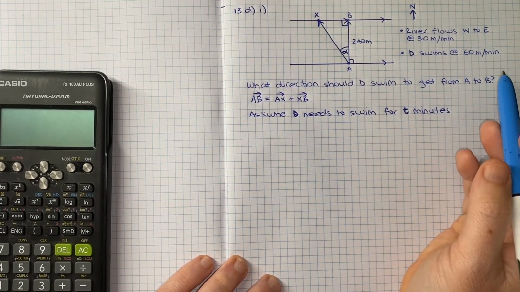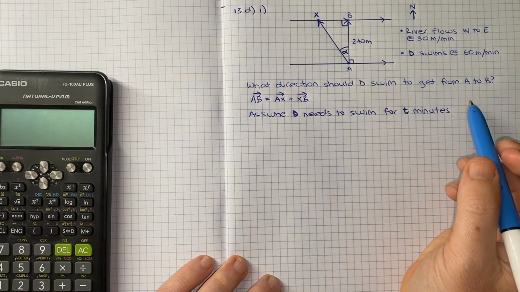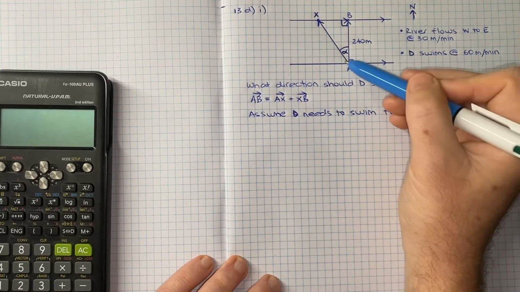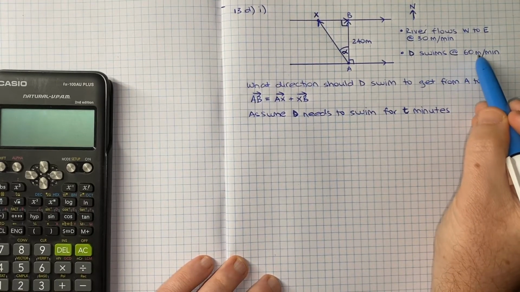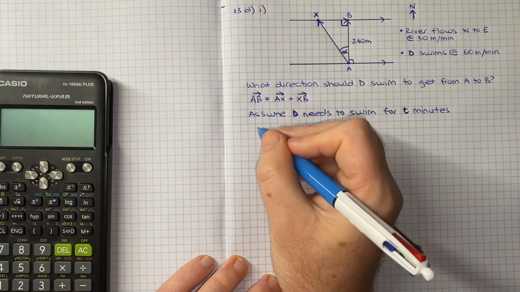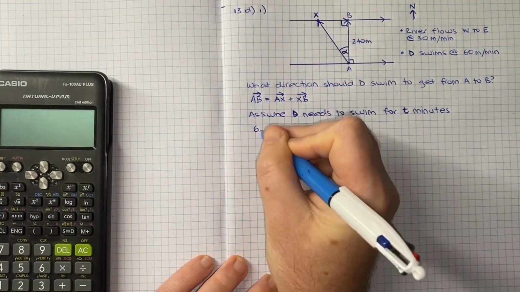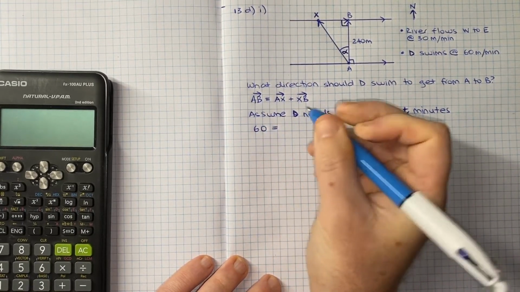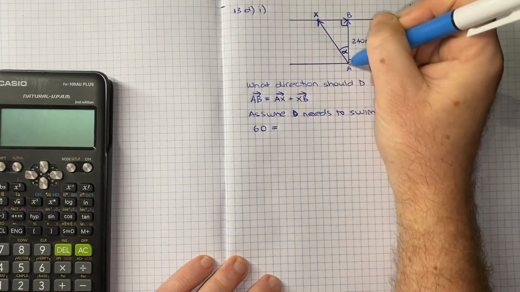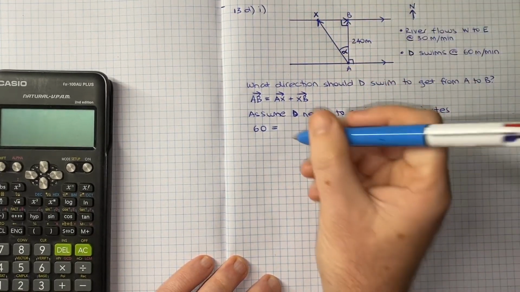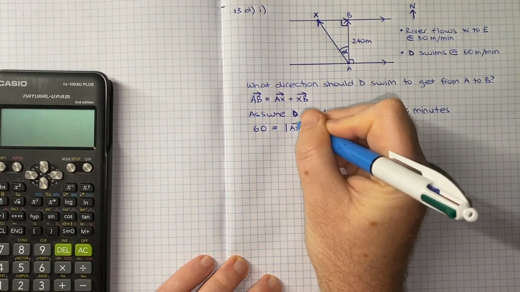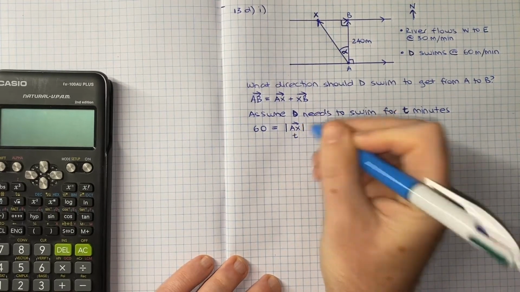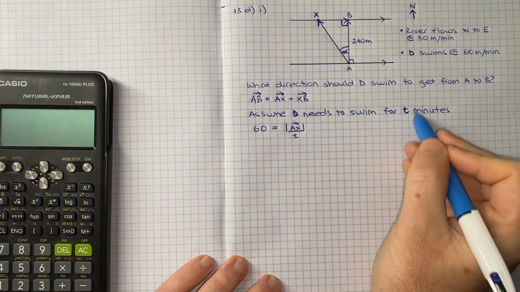distance over time. So if D needs to swim for T minutes to do what he's got to do, then because we know he swims at 60 meters per minute, we can say that 60 would be equal to this distance here that he's got to swim at this angle, which is the magnitude of the AX vector, divided by time, that T minutes.